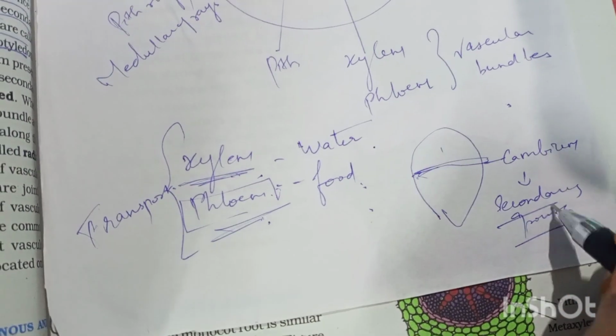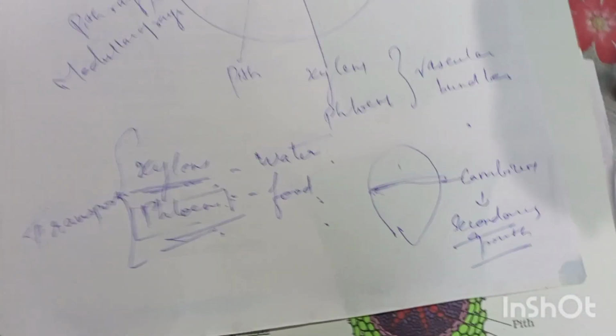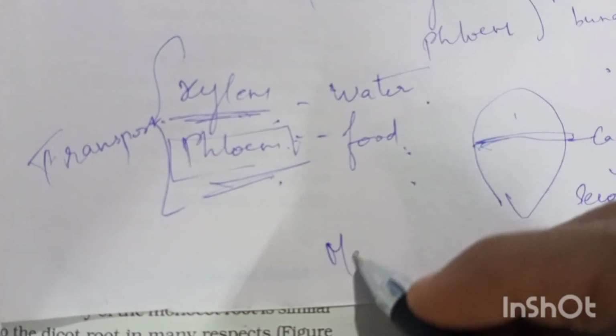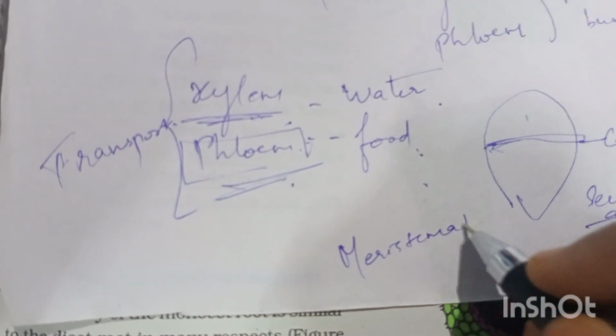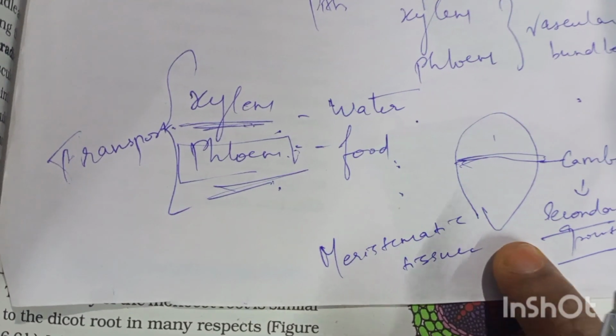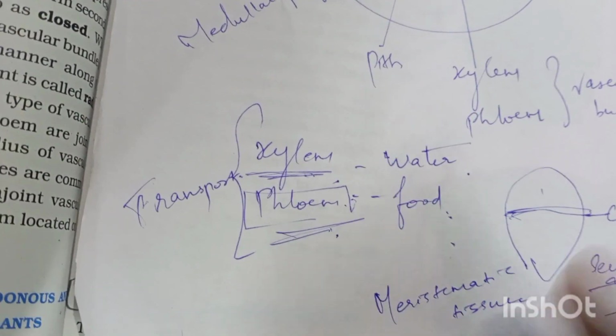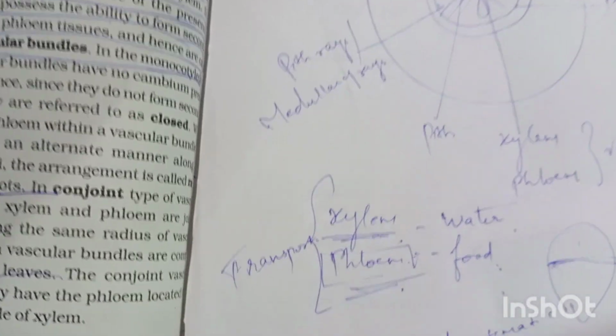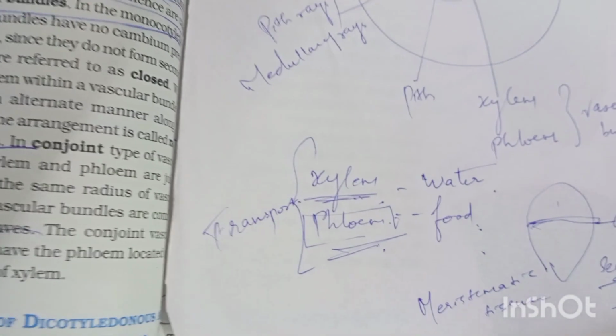So what is this secondary growth? Usually there is a tissue called meristematic tissue. When I use the word meristematic, it means those cells are capable of active cell division. When a cell divides, the number of cells will increase, as well as the breadth or height of the plant.